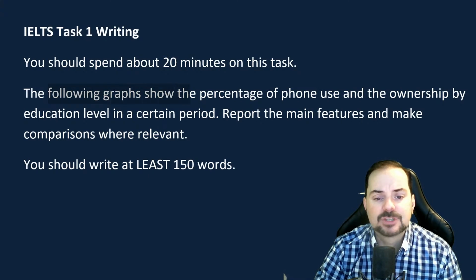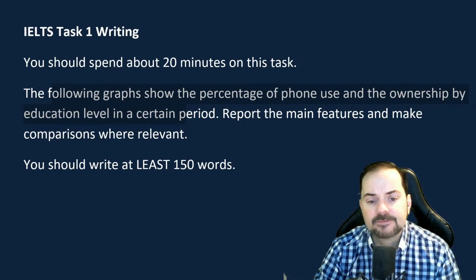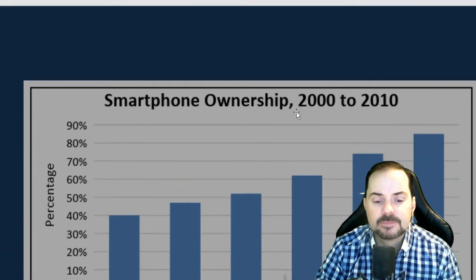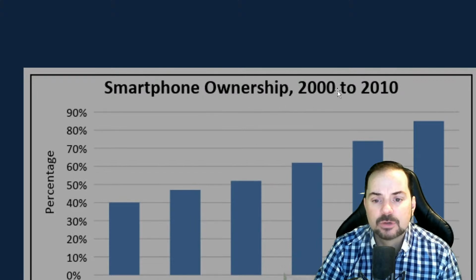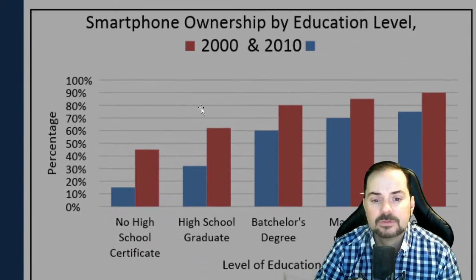The following graphs show the percentage of phone use and ownership by education level in a certain period. All right, so let's take the information from these graphs. The years are 2000 to 2010, intervals of 2 years.